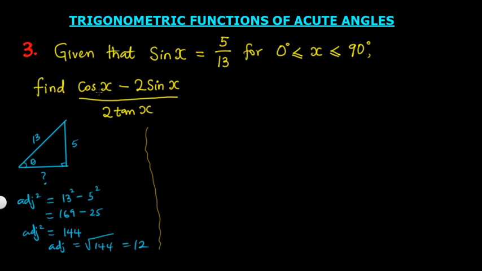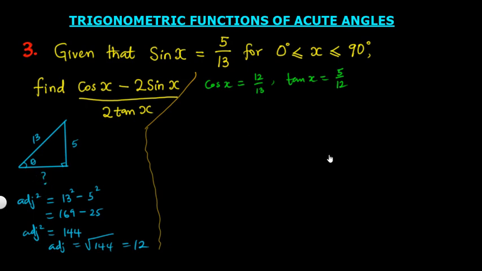We express the value of cos x and tan x. Cos x will be equal to adjacent over hypotenuse. The adjacent here is 12, that's what we just got, over hypotenuse. So that will be 12 over 13. And tan x will be equal to opposite over adjacent. That is 5 over 12.